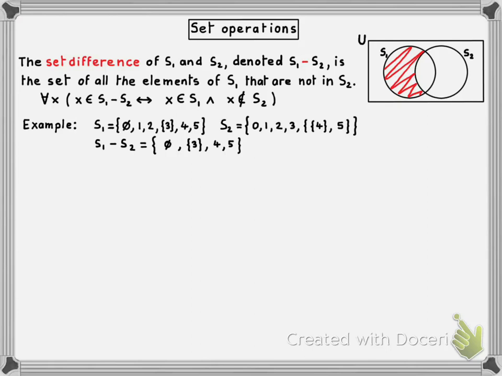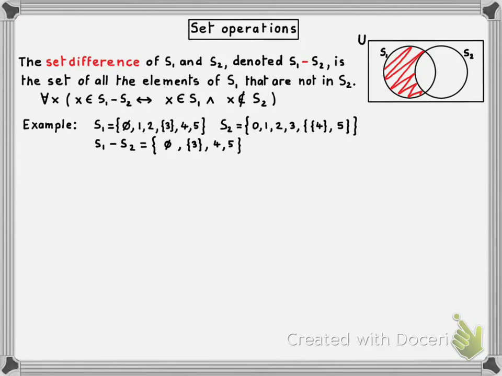So again, this set, and remember the set difference takes two sets and returns another set, contains four elements, namely all of the elements of S1 that are not in S2. And in particular, S1 minus S2 must be a subset of S1 by definition.